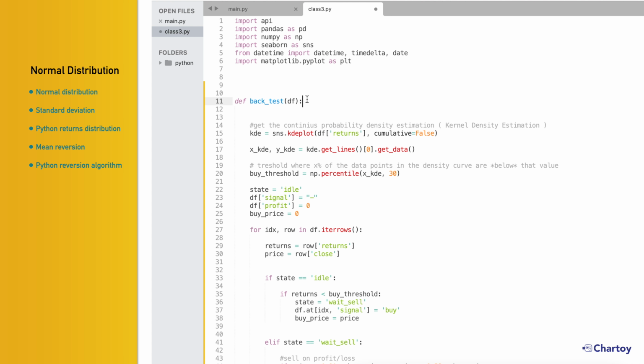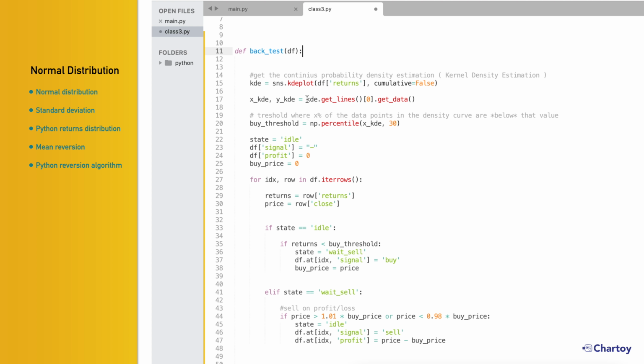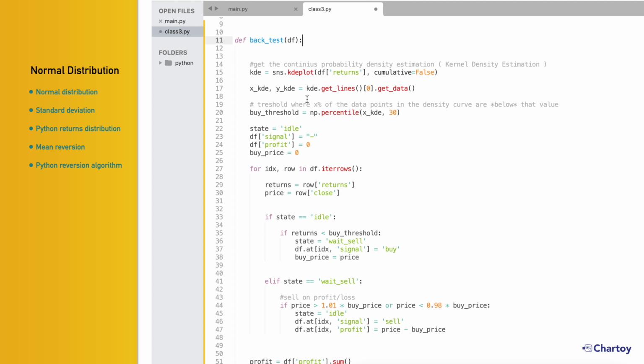So this is the backtest function, and as you can see, it receives an argument, the data frame. The first thing we're going to do is to calculate the normal distribution. We're going to again use SNS, which is the Seaborn library we used before, and we're going to use the function called KDE plot. This will give us the density estimation, which is the distribution of our returns as a continuous variable.